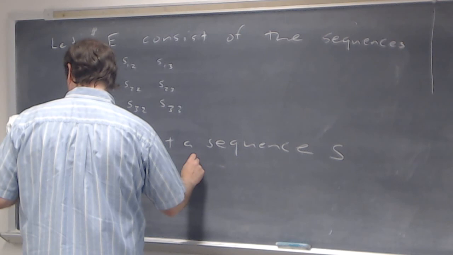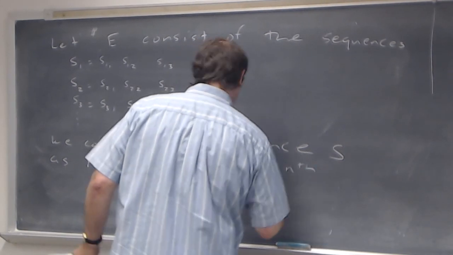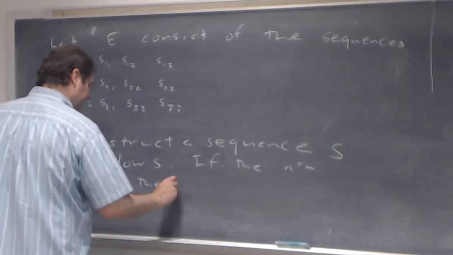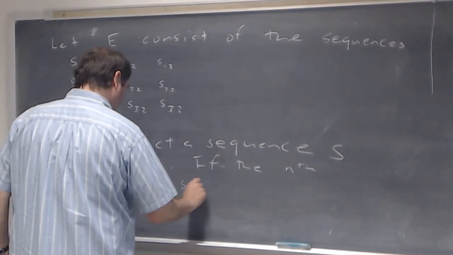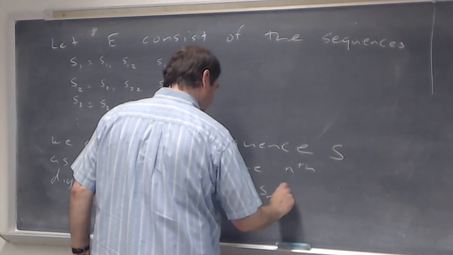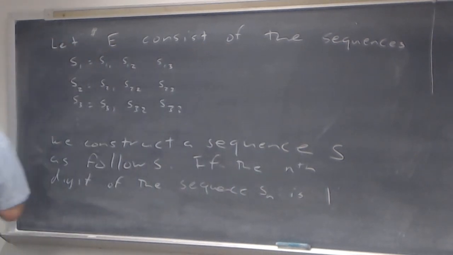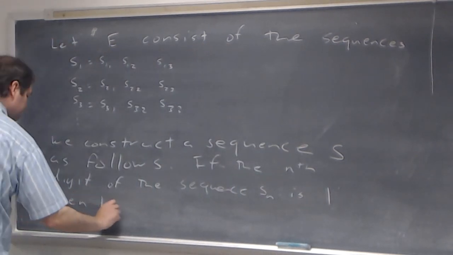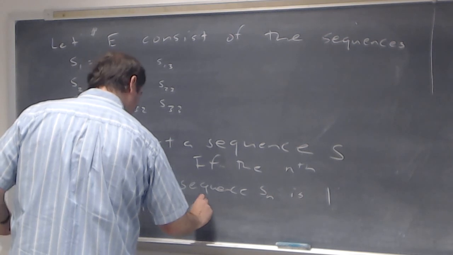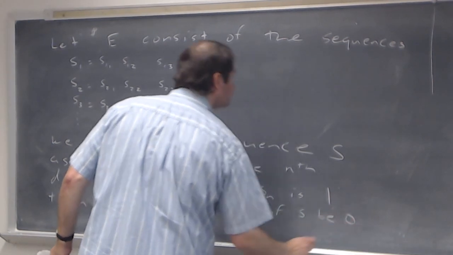If the nth digit of the sequence S_n is 1, then let the nth digit of S be 0.